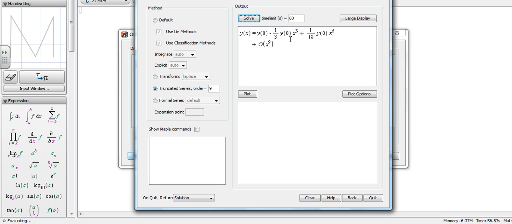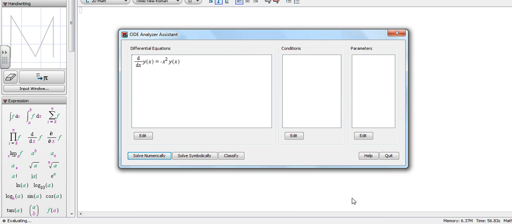1/3 y0. Oh, there's a0. What? I have a minus 1/3? How did I mess that one up? Let me go back. No, there's no minus sign there. Edit.